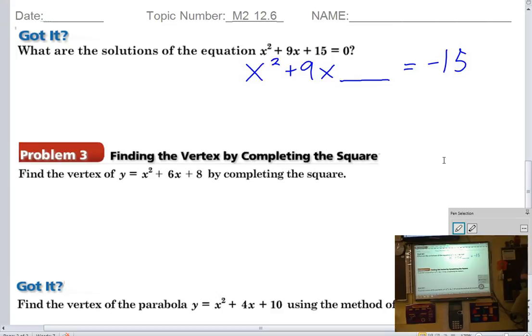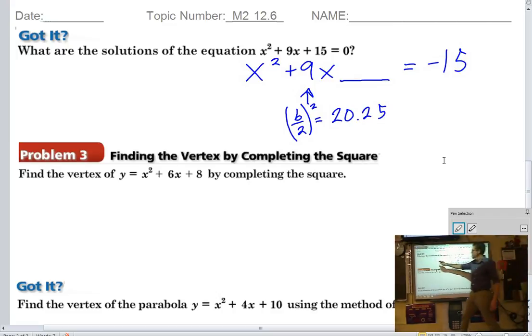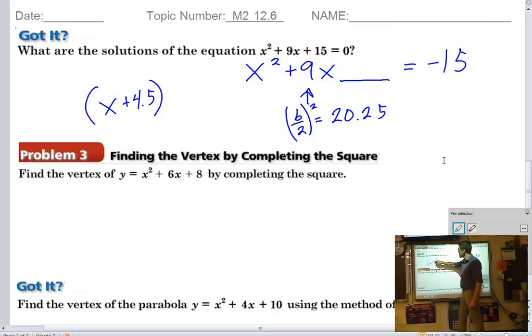What do you think? If you just want to add a constant, I think it's 20.25. How'd you get that? Half of the b value squared. So, cut that in half to find out what value would have been in here, which gives you x plus 4.5, if we made it a perfect square.